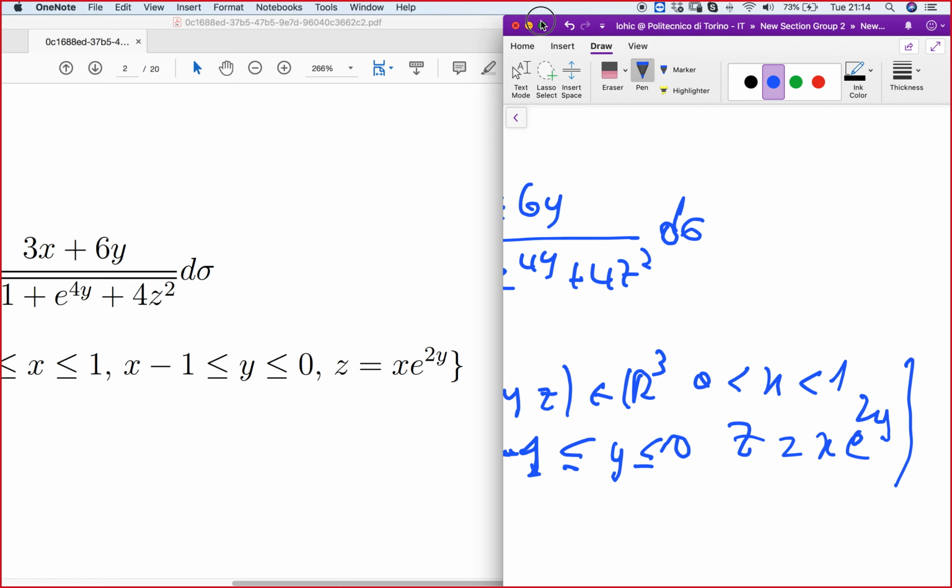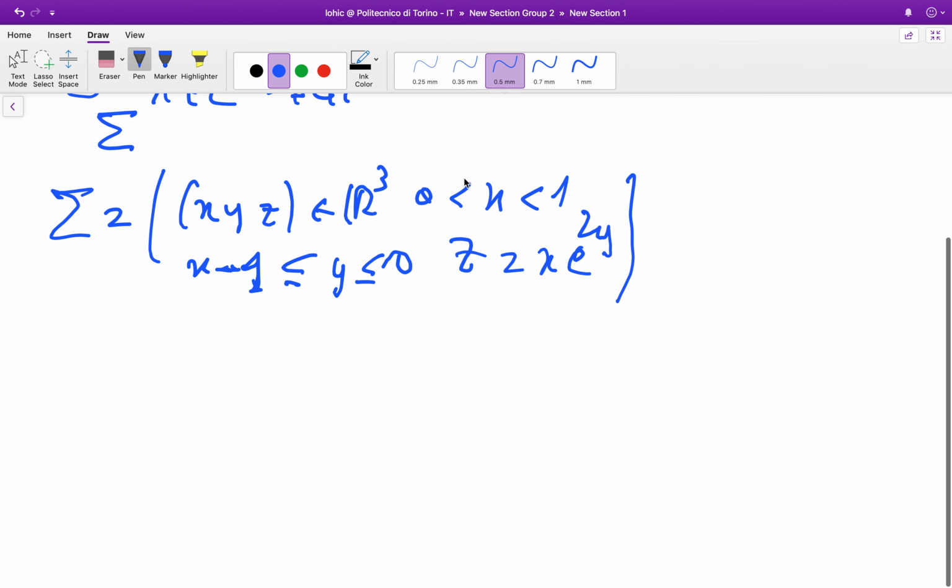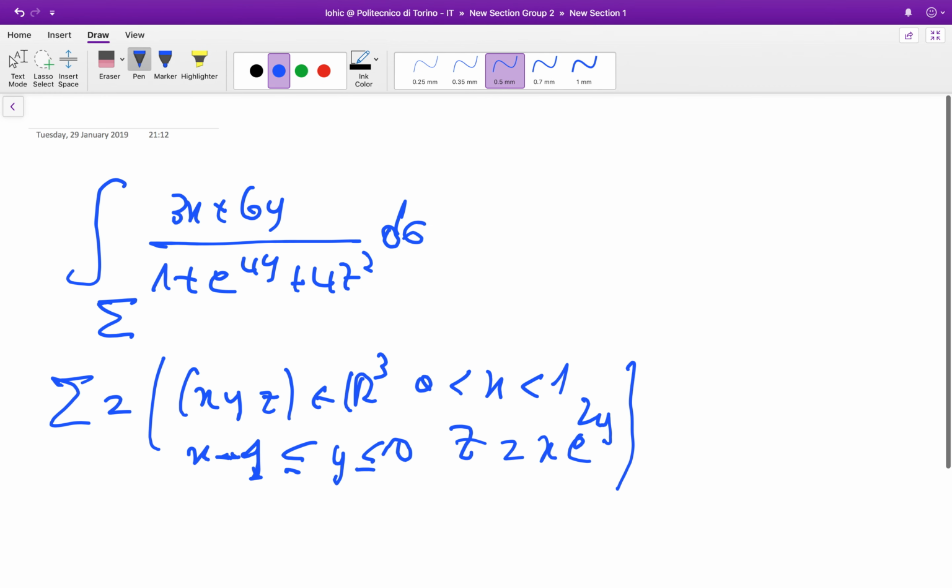And we want to compute the surface integral.